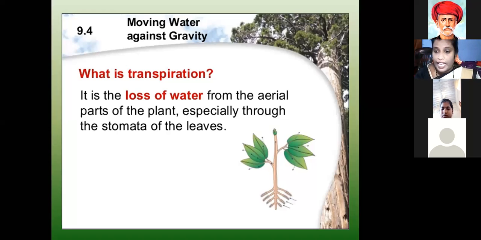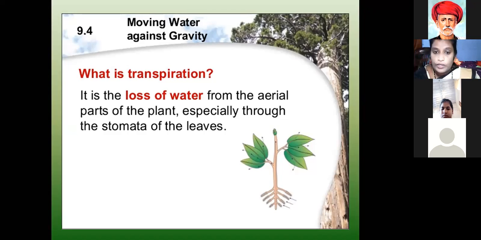The exchange of gases, everything it helps, mostly through the stomata. This is the definition of transpiration. First of all, the main purpose of transpiration is loss of water. Why do we lose water?